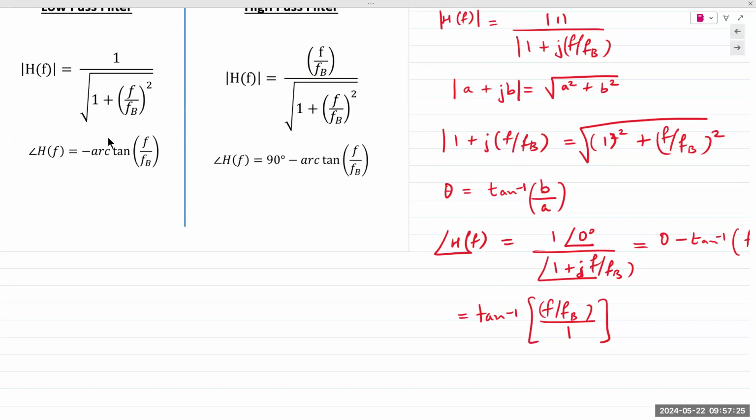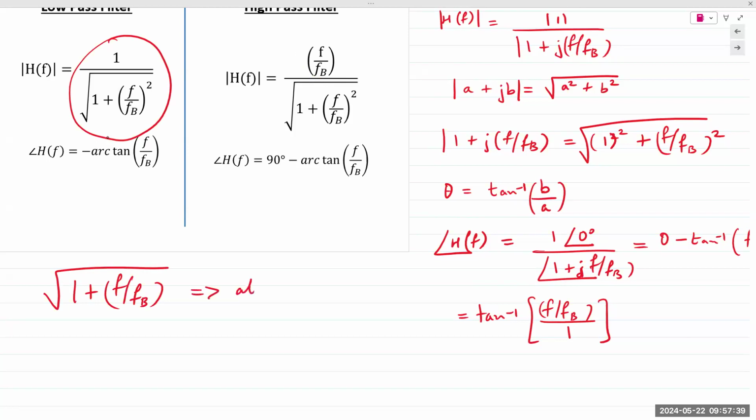Also, look at this magnitude. What do you have? The denominator is the root of 1 plus f over fb squared. At input frequency f equals fb, what do you get? 1.